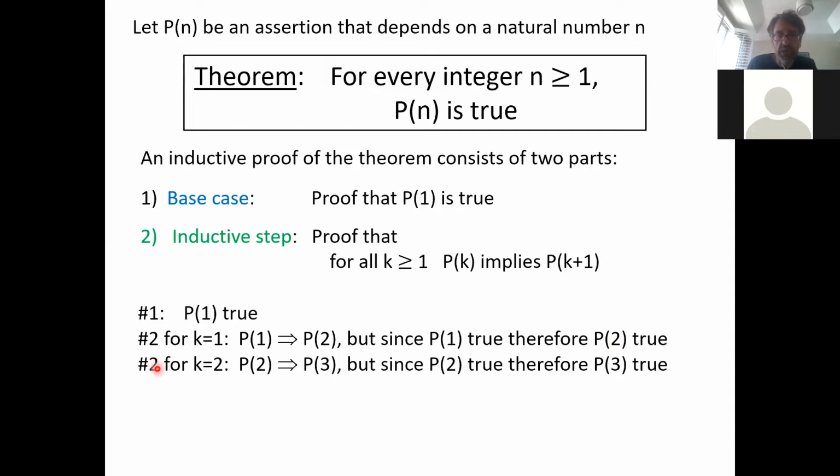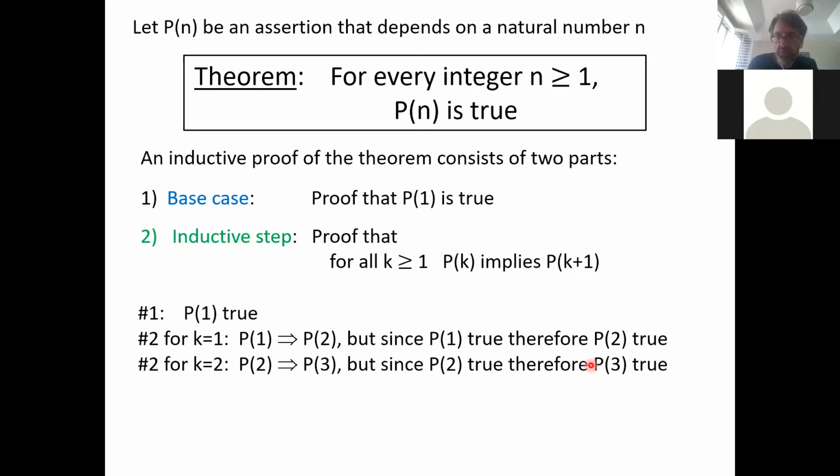Instantiate the inductive step for the next integer, k equal 2. For that integer, the inductive step says P2 implies P3, but you already established that P2 is true. Therefore, repeating the same motion, this implication couldn't hold unless the consequent also held, right? Because otherwise you would violate the supposed implication that P2 implies P3.